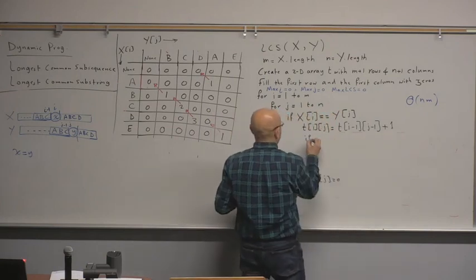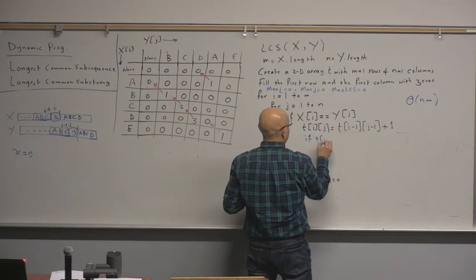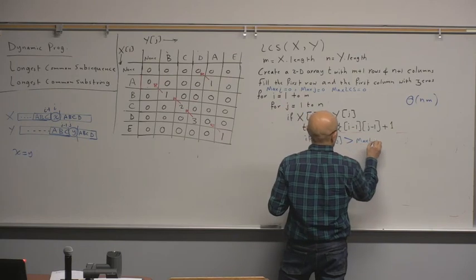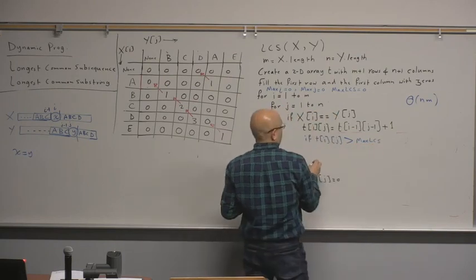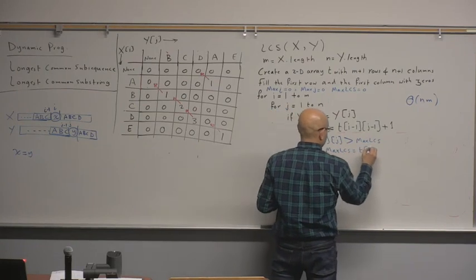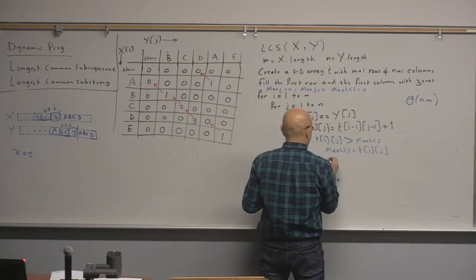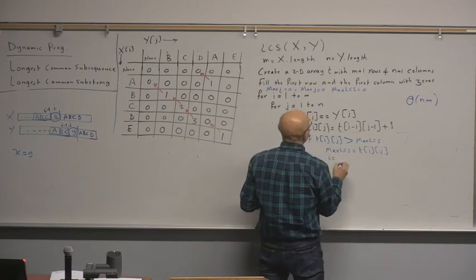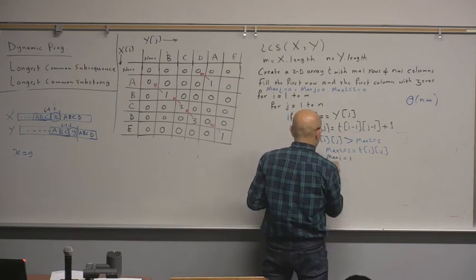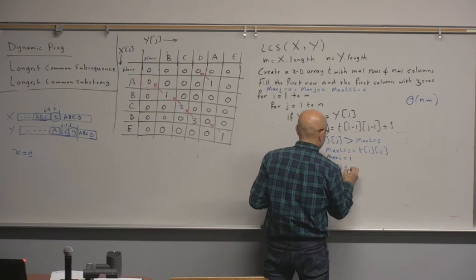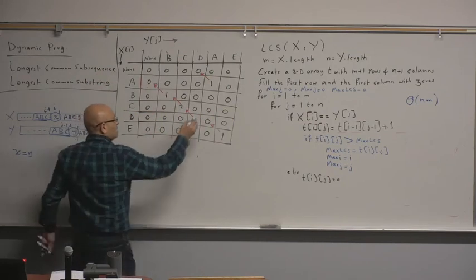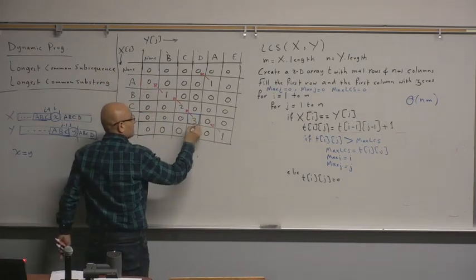If t of i and j is greater than the previous max common substring length, then the max is now equal to t of i and j, our max i equals i, and our max j equals j. So we just mark the i and j. This way, when we go through this, our maximum will be this. Right?